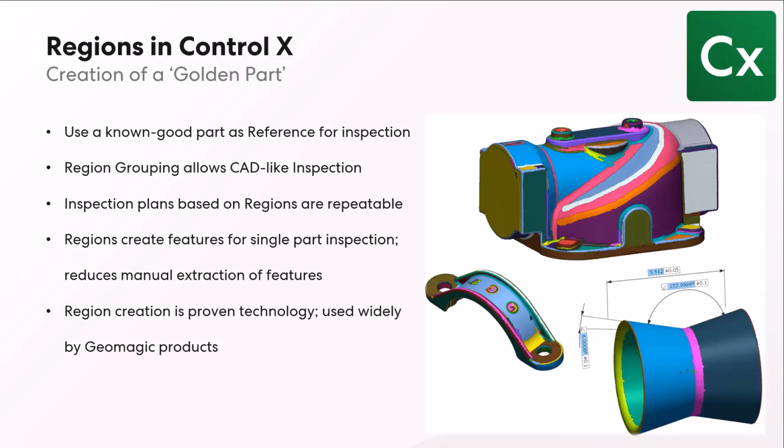So maybe you just scan something in and you have a bunch of data, we can go in and region it, and then instead of having to manually pull out features that you want to measure, they're all essentially created by the regions for you. So you can just go in, dimension them, and put tolerances on them. And even with a single part, we usually just load the part and inspect it to itself, essentially putting tolerancing on it based on what the nominal should be, and stuff like that. It allows you to move pretty quickly through that process, also simplifying it.